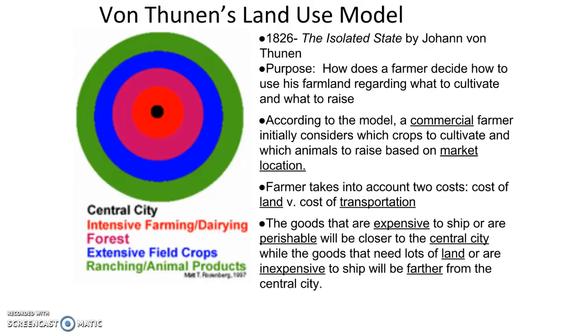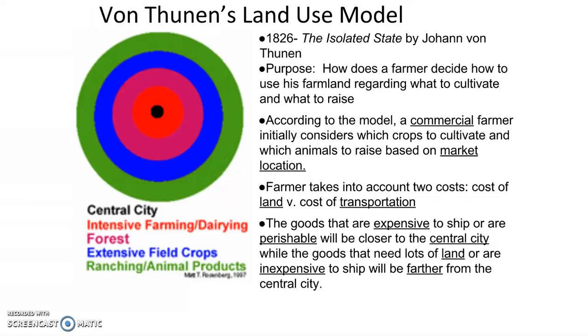And so when he analyzed where different types of agriculture and animals were being raised, what he came to was that the goods that are the most expensive to ship or that are perishable will be closer to the central city, where the land is the most expensive, so they're going to use it the most intensively and need the least amount of it.